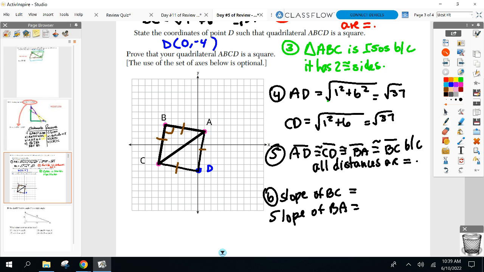If you want to use the formula, remember it's y2 minus y1 over x2 minus x1, or count it on the graph, rise over run. Either way is fine. Either way is accepted. You can do rise over run or this slope formula. Plug it in, your y's over your x's.